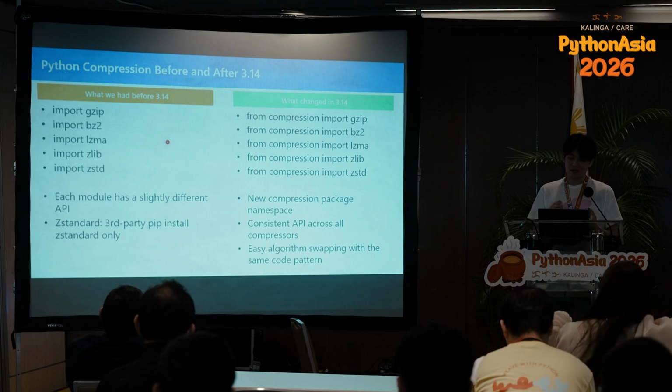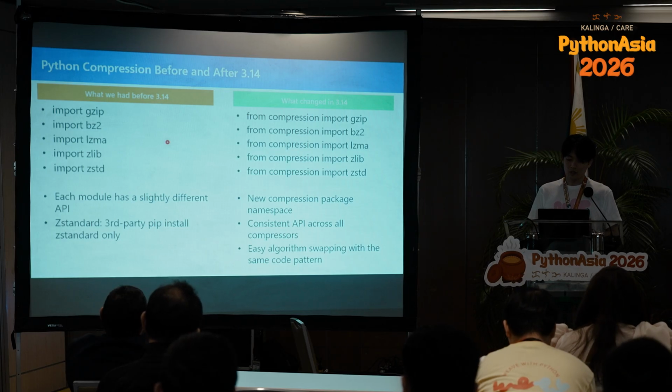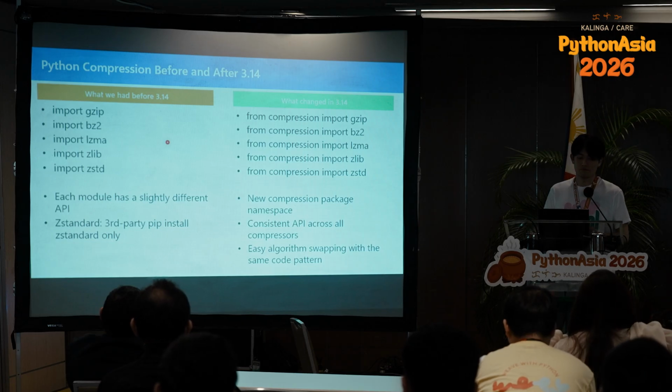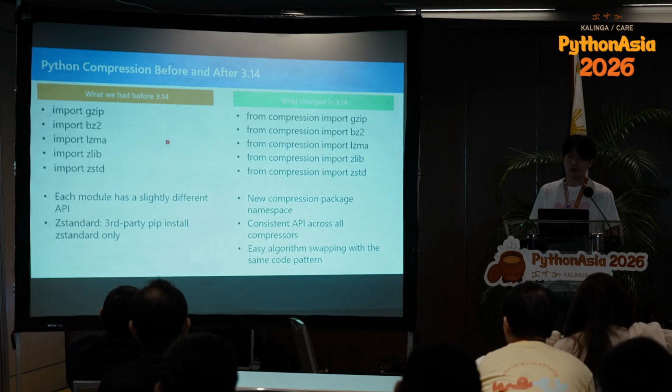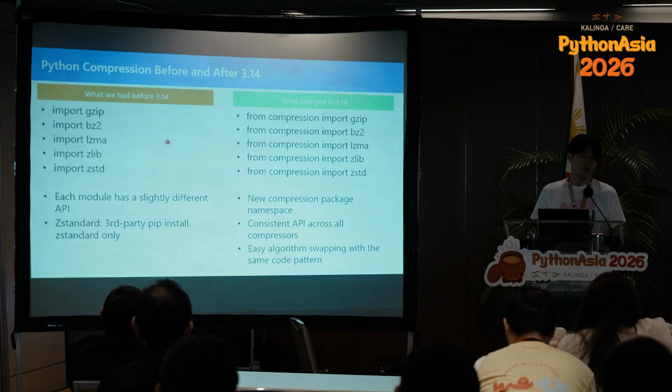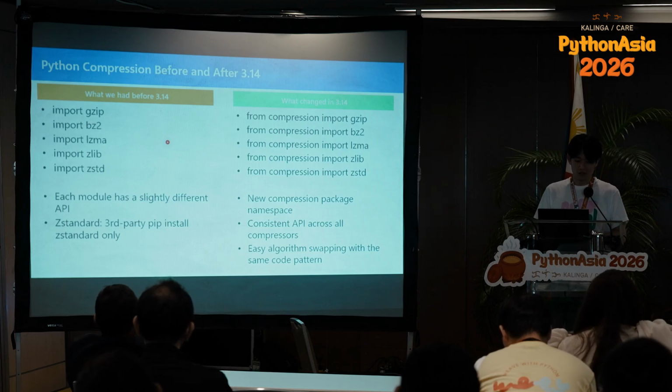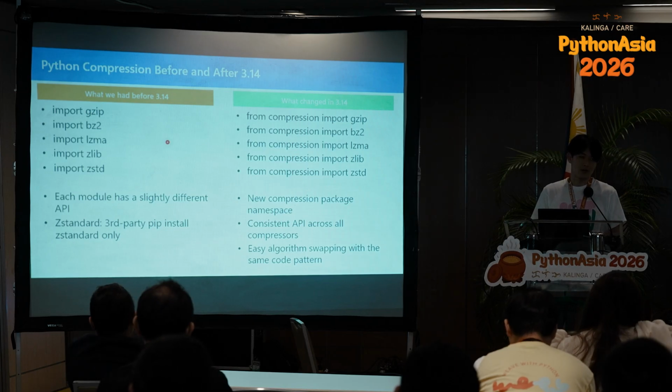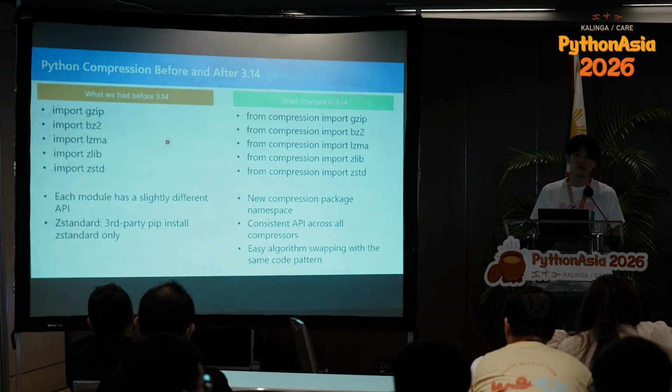So far, we have understood the basics of Zstandard, but what changed in Python 3.14? I will explain in this slide. Before Python 3.14, each compression method had its own API, so the APIs were slightly different. And this standard required third-party packages, so you needed to pip install it when you wanted to use it.